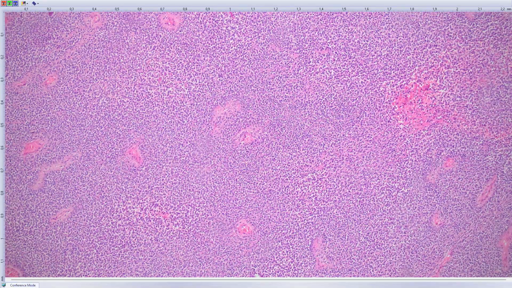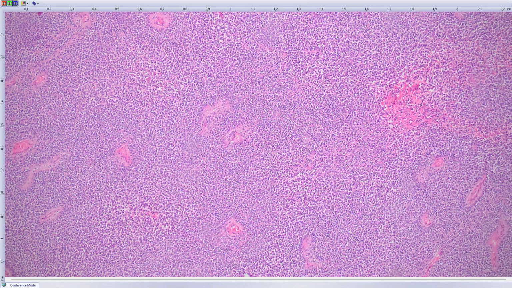The fusion is TAF15-NR4A3, which is the most common alternative fusion in extraskeletal myxoid chondrosarcoma. So the vast majority of extraskeletal myxoid chondrosarcomas have an EWSR1-NR4A3 fusion, but a few percent of cases can have this alternative fusion.